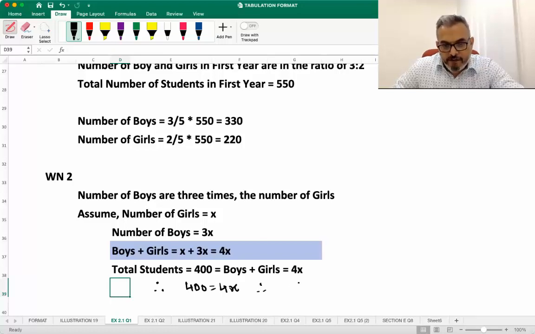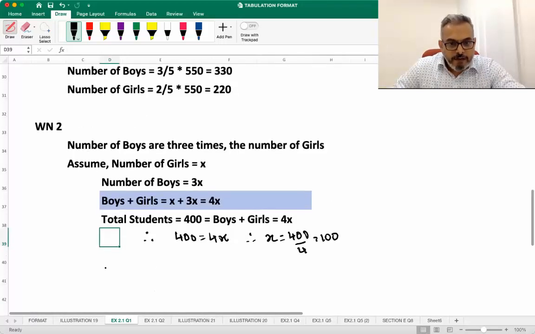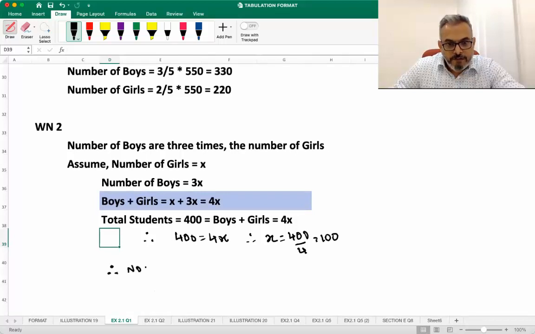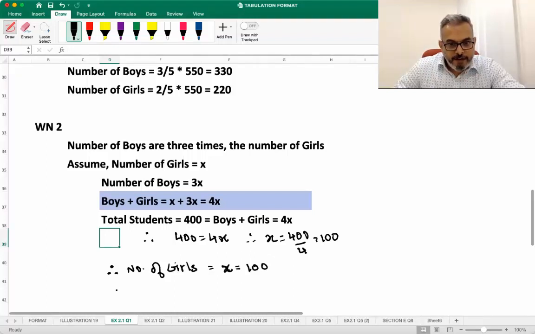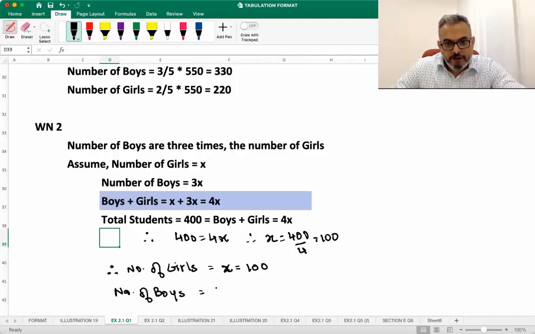Therefore, x is equal to 400 divided by 4, which is equal to 100. So number of girls is equal to x, which is equal to 100, and number of boys is equal to 3x, which is equal to 300.